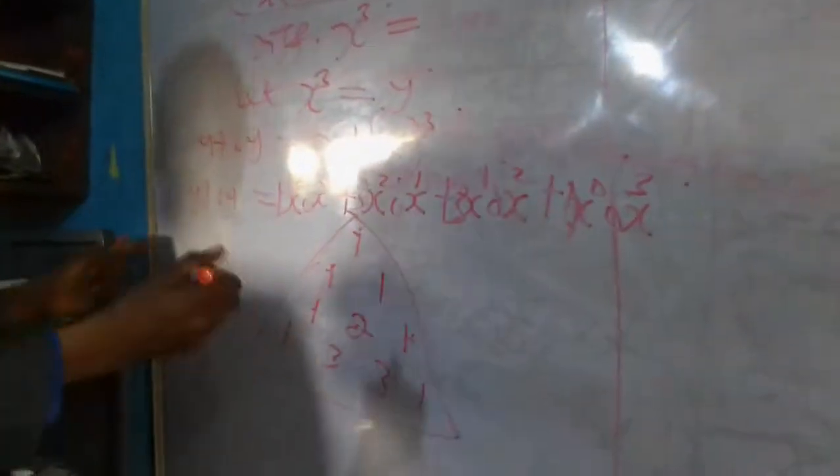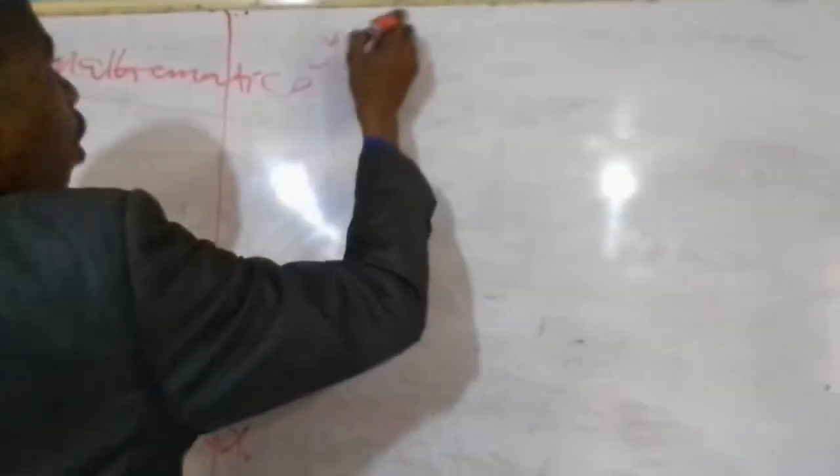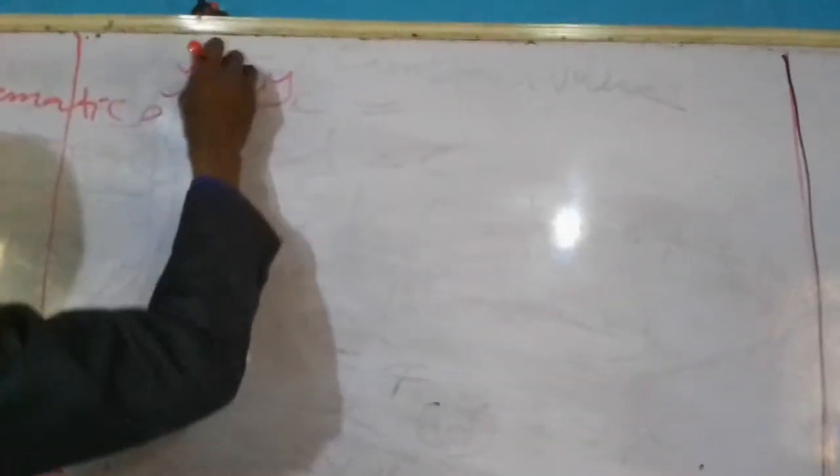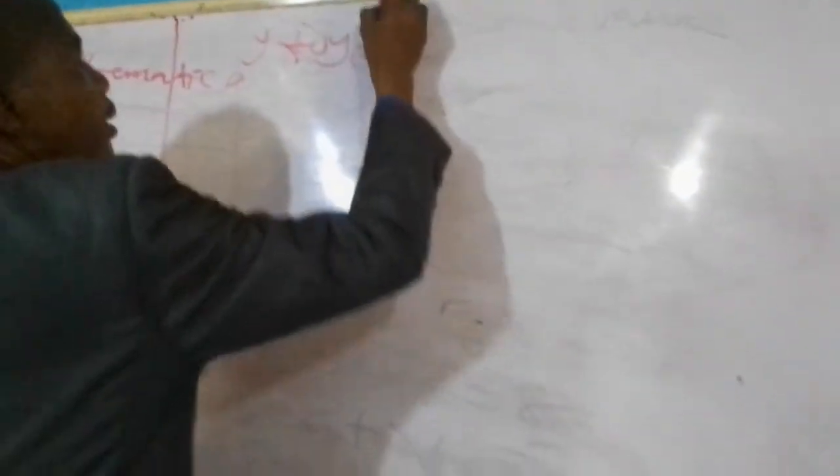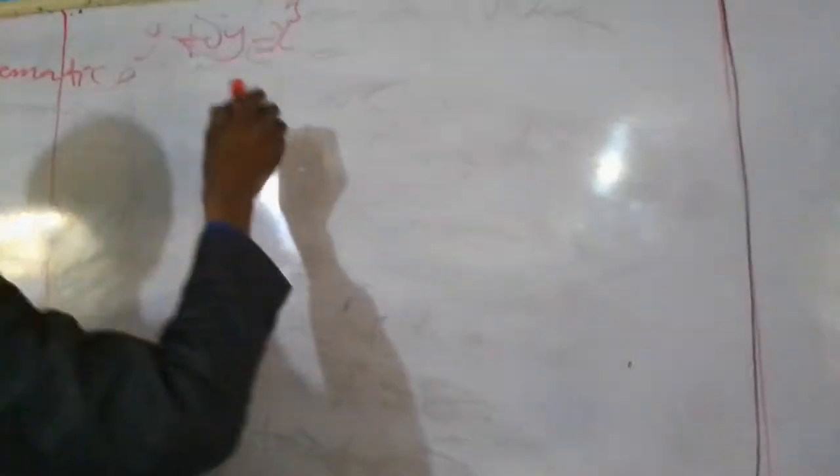Then we factorize. y plus delta y is equal to x raised to power 3, times 1, plus 3x raised to power 2 delta x, plus 3x delta x raised to power 2, plus delta x raised to power 3, since any number raised to power 0 is 1.